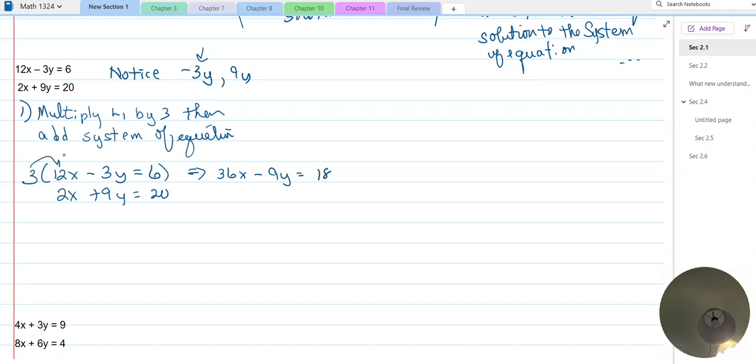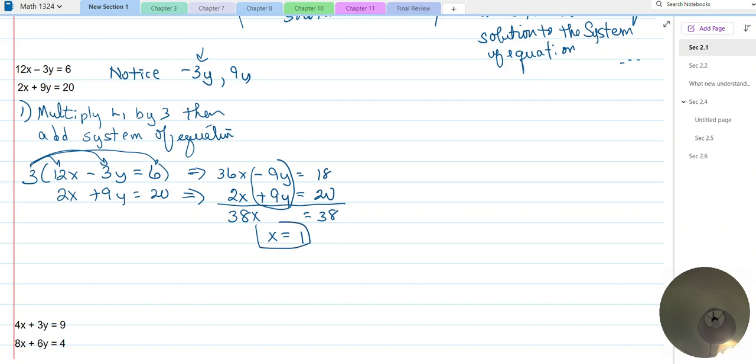Now remember, you do it to every term of the equation, even the solution. Otherwise, you'll get a wrong answer. And now I bring forward the no change one, and I'm going to add vertically. So this is going to give me a 38x. This zeroes out, and then I get equals 38. Well, then we know x must be 1.